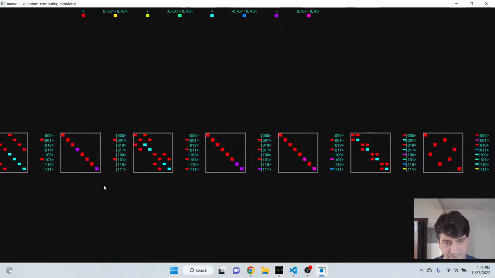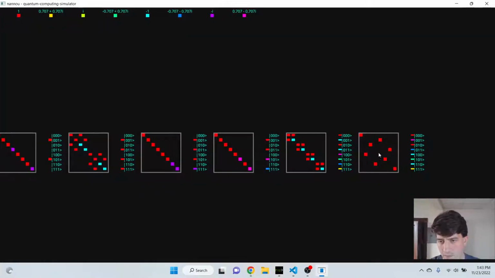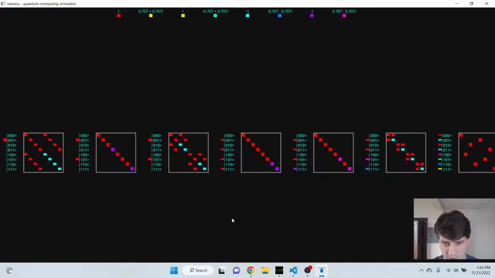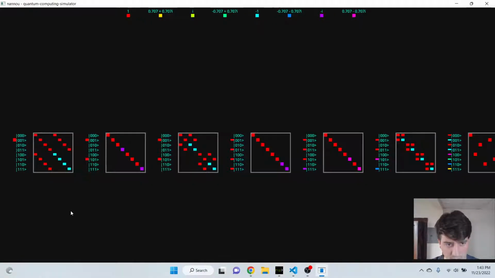Okay. So now we have the, so it's still not right though, but we have the permutation gate at the end, which is good. We have Hadamard. Okay, so this one needs to be this one. We're so close. Pretty sure these are correct, I think.